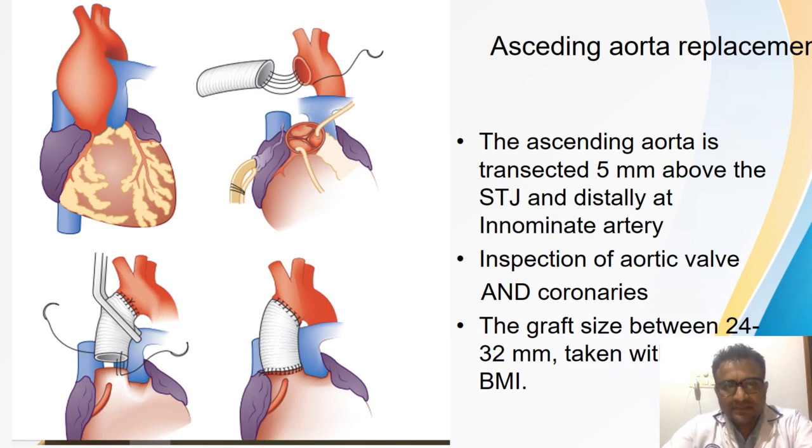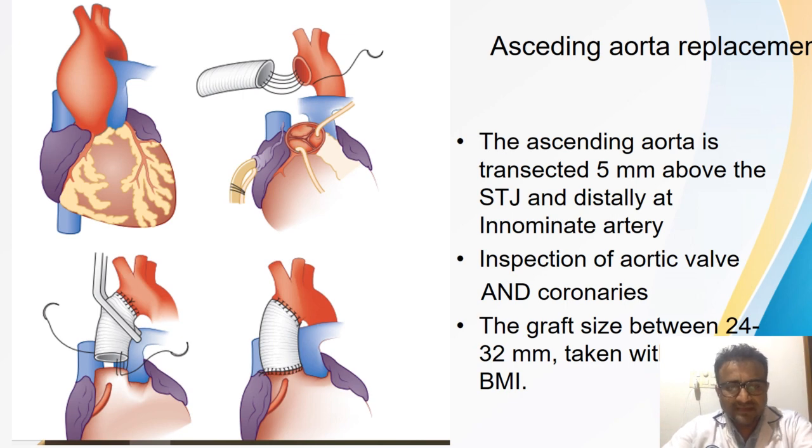We insert a retrograde cannula to give retrograde cardioplegia solution, and once the heart is arrested, we open the aorta at the most dilated part and give ostial cardioplegia. Once the heart is arrested, the most important next step is to inspect the aortic valve and the coronaries.